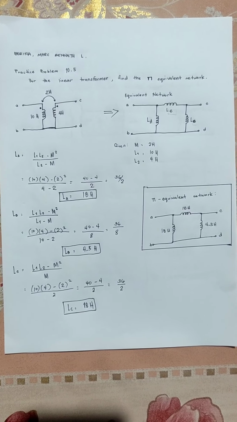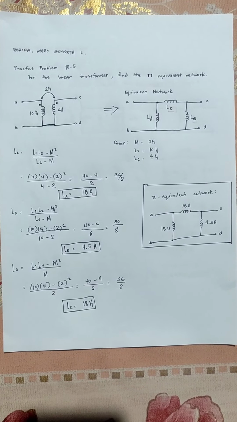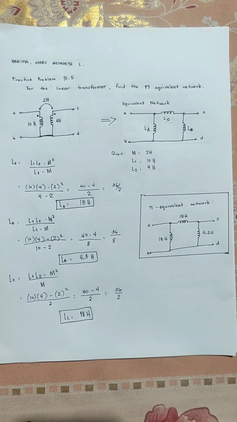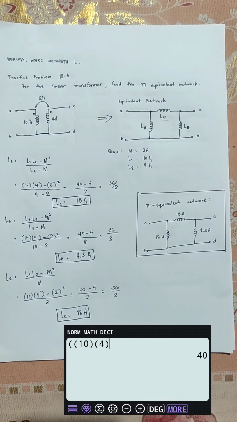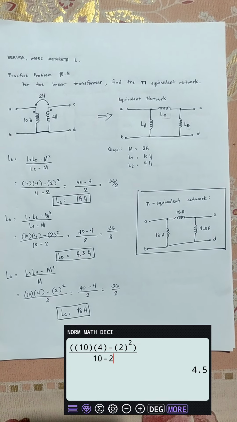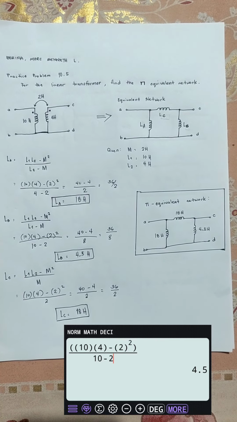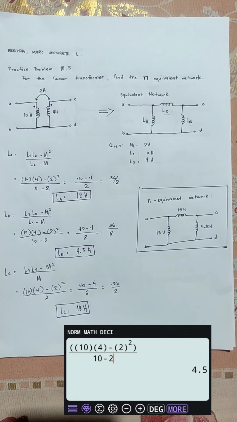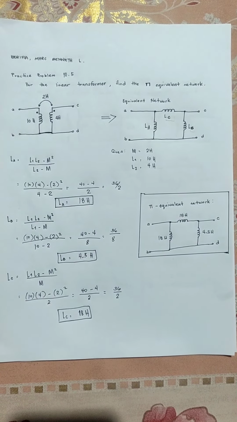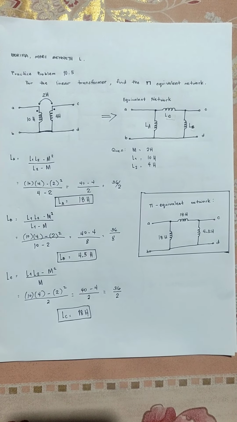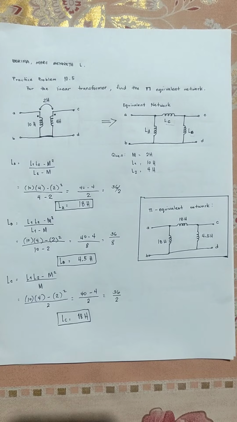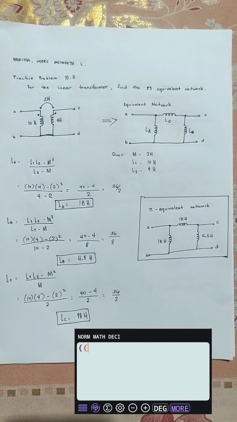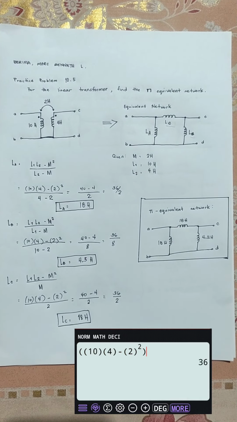For L sub B, we have the formula L sub 1 times L sub 2 minus M squared all over L sub 1 minus M. We have 10 times 4 minus 2 squared all over 10 minus 2. It is equal to 36 over 8. L sub B is now equal to 4.5 henry. And for L sub C, we have the formula L sub 1 times L sub 2 minus M squared all over M. We have 10 times 4 minus 2 squared all over 2.